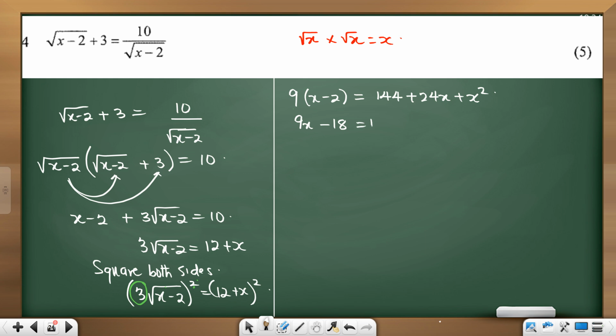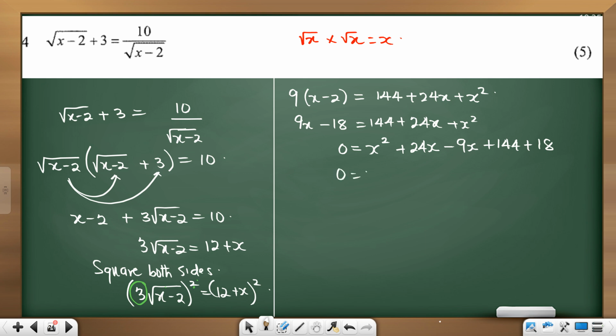Okay. Or let's do this. 144 plus 2x plus x squared. I'm going to take all the other numbers to the other side. Oh, why am I writing 2x? It's 24x. All right, let's create a trinomial. x squared plus 24x minus 9x plus 144 plus 18.